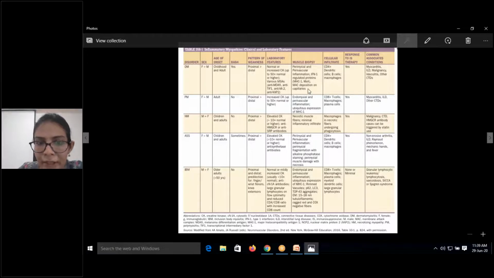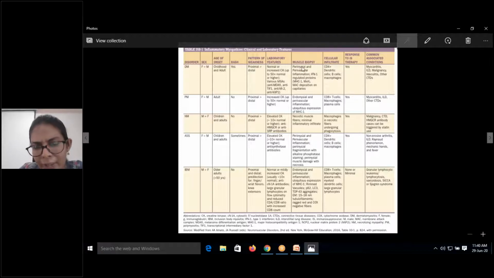You have to remember one thing: dermatomyositis pathology is complement mediated, whereas polymyositis pathology is MHC1 mediated, because of CD8 cells. That is for the differentiation. Also, this MAC deposits on the capillaries, which is the reason you can have vascular involvement in these patients.